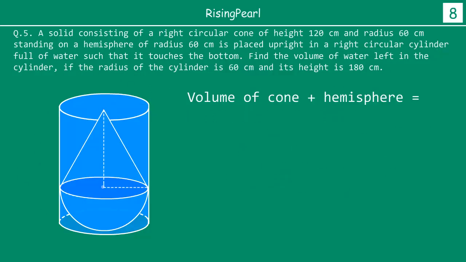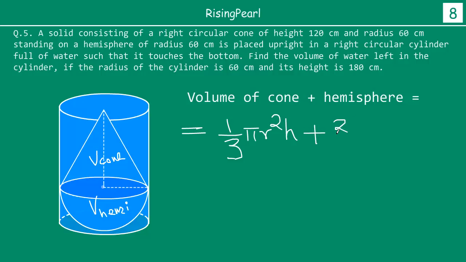Now the next step is to find out the volume of the solid, where we have a cone and we have a hemisphere. If you simply add these two, the volume of the solid will be, for the cone, 1 by 3 pi r square h, plus the volume of a hemisphere, where the formula is 2 by 3 pi r cube.